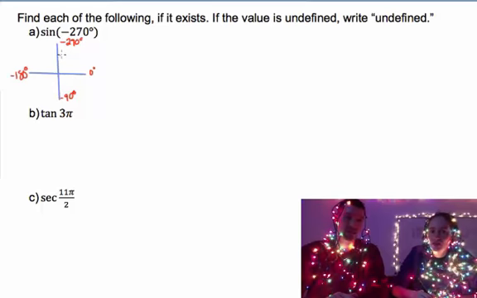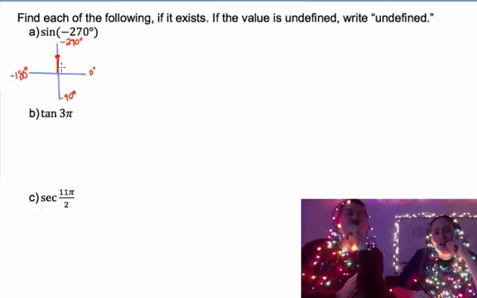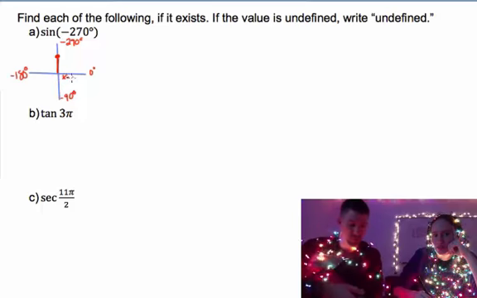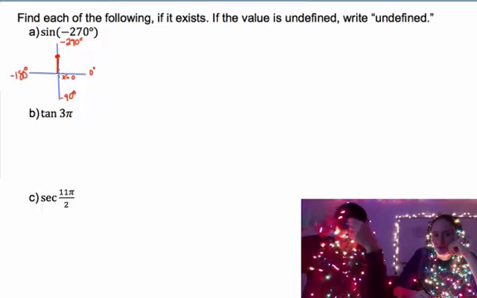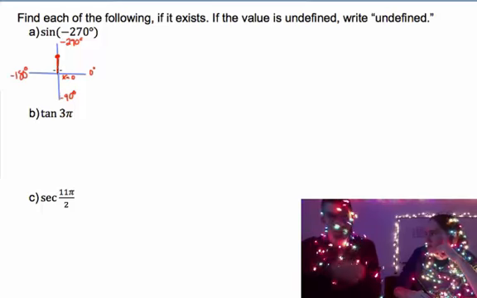Yes. Okay, so we can't draw a triangle if we're talking about an angle that's straight up and down here. But what we could think about is the fact that our x, we went 0. We went 0 for x, but we could say that we went like 10 for y.